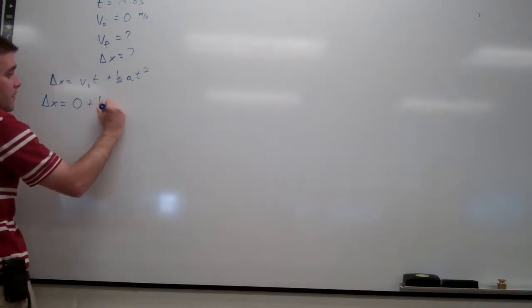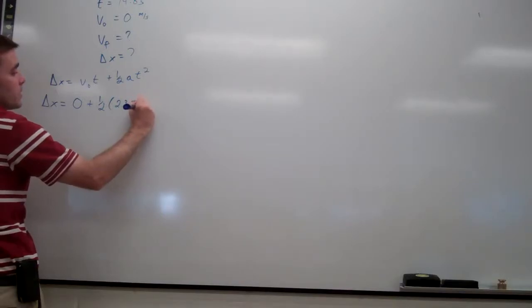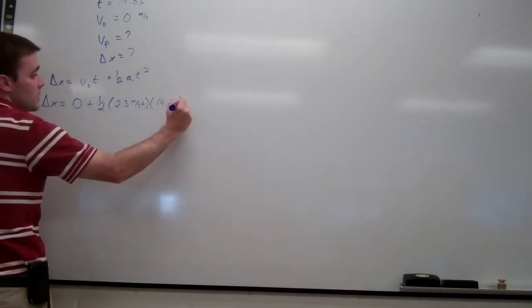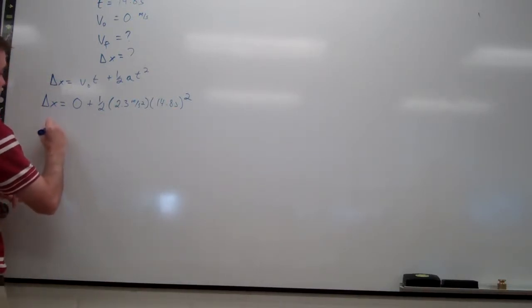Plus 1/2 times 2.3 meters per second squared times 14.8 seconds quantity squared. One thing, just to make sure you realize, the units on this are squared. You don't square the number. But you do square this number.